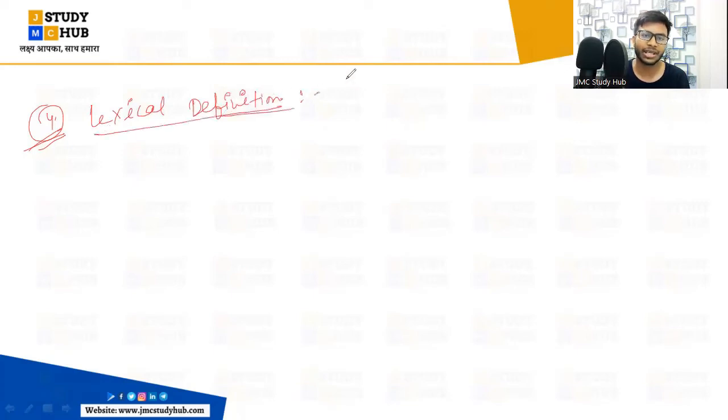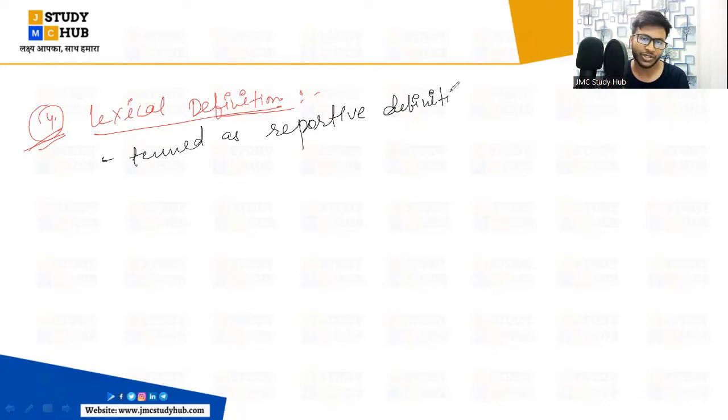lexical definitions क्या होता है? See, write its features first. It is also termed as reportive definition, right? इसको हम लोग क्या बोलते हैं? Reportive definitions भी बोलते हैं.